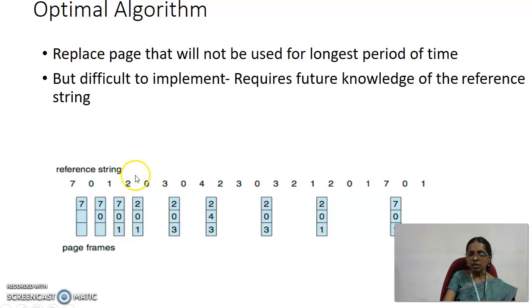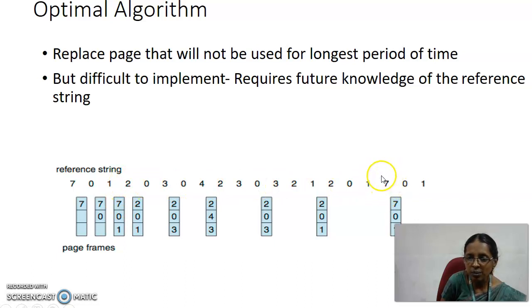Now 2 comes. When page number 2 comes, what can we do? See here, 2 is not in the main memory, but there is no space in the main memory. So one among these 3 frames has to be freed. Which can you choose? 7, 0, 1. See on the right side. When will I be using page 7 again in future? Only at this place.